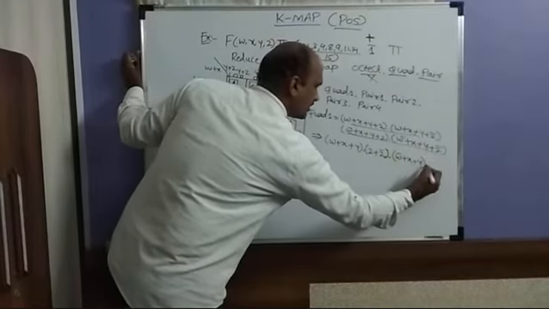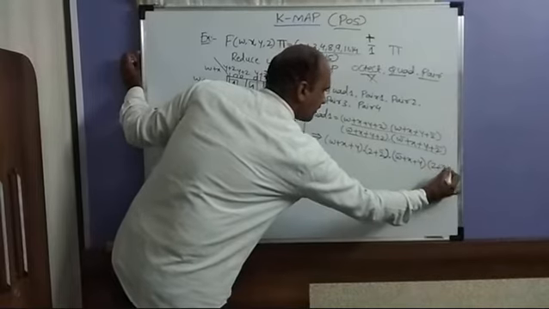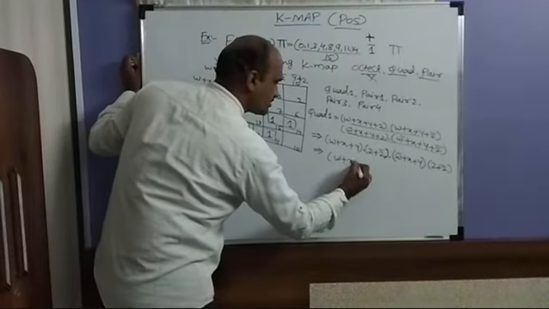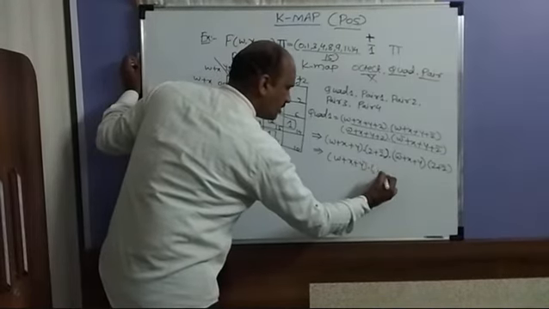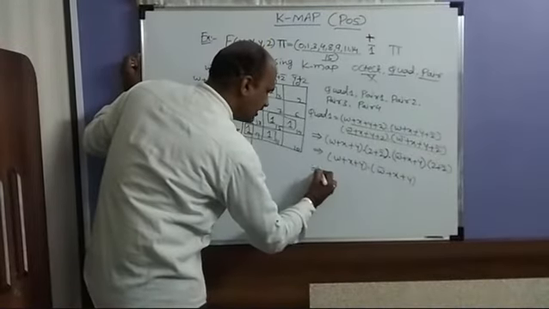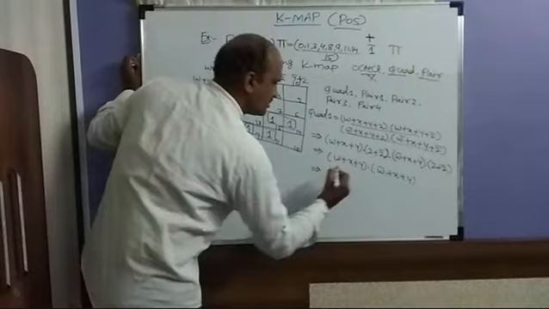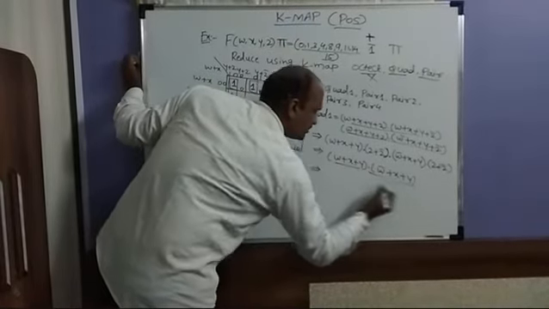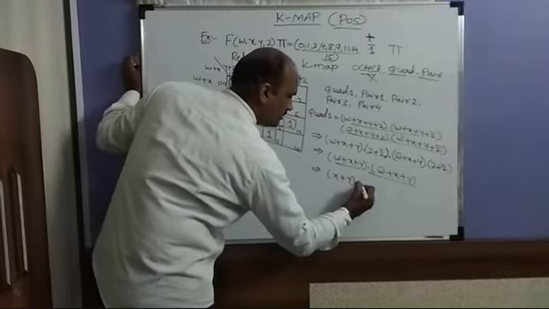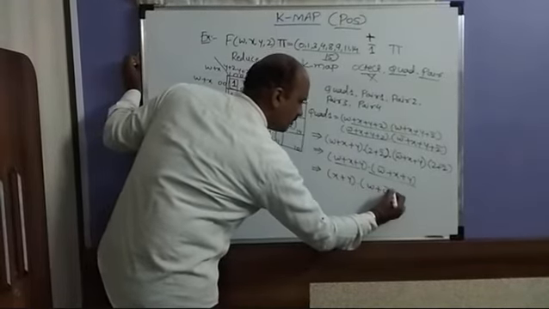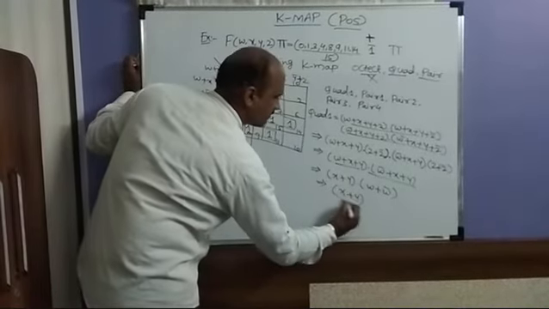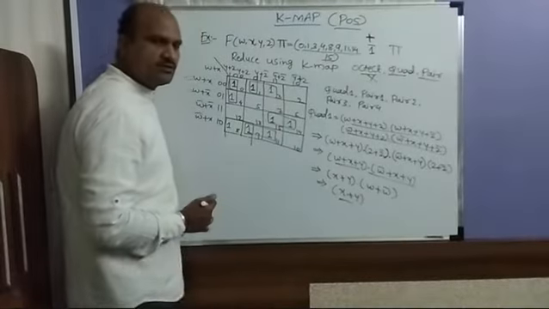Remained is z plus z bar. So z plus z bar becomes 1. What you got? W plus x plus y into w bar plus x plus y. So again check any similar combinations. Here these two, if you take x is the common plus y is the common, remained is w plus w bar. So lastly it becomes x plus y. You got x plus y for quad 1.